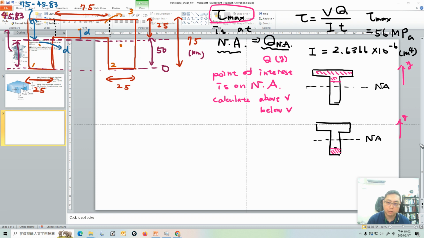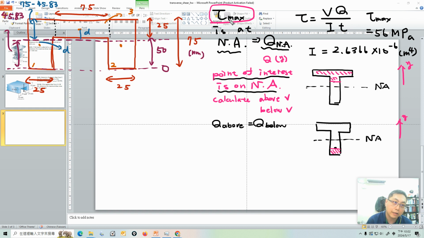I should say Q above equals Q below, but that only happens when your point of interest is on the neutral axis. Don't forget this condition. If your point of interest is right on the neutral axis, your Q above and below will give the same answer. So that's the concept of this problem.